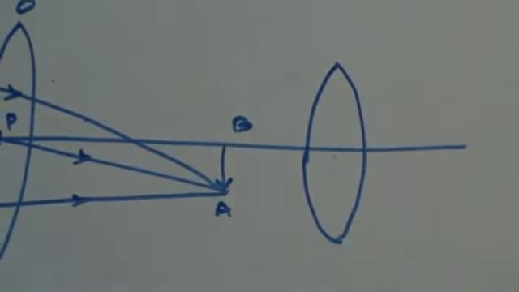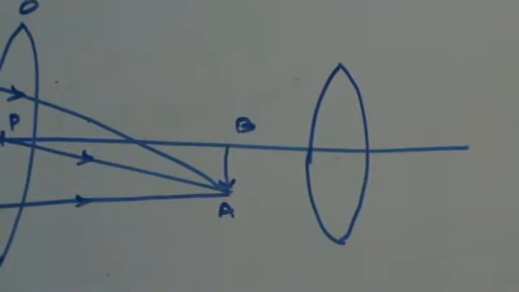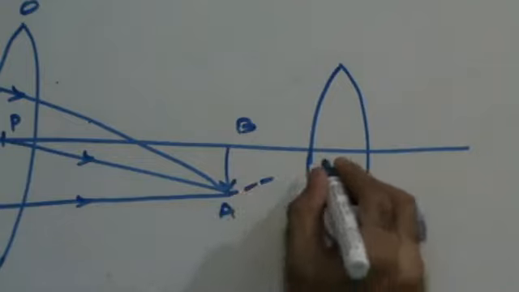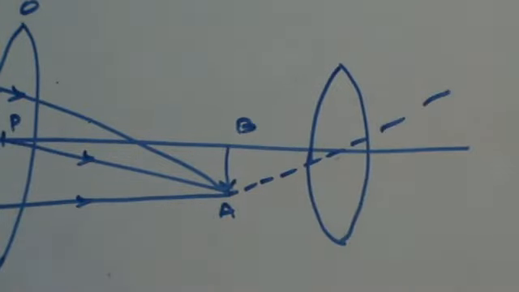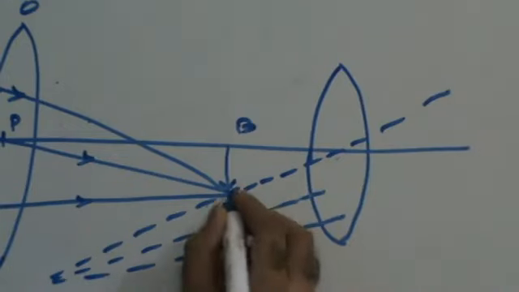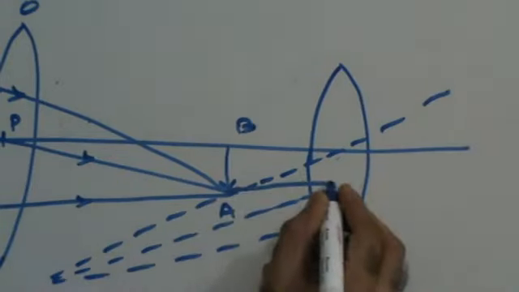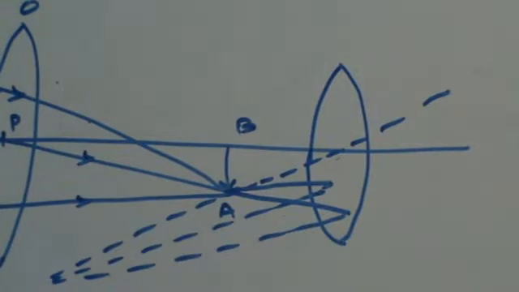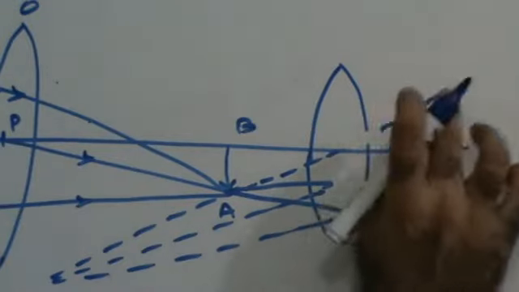I want the image to be formed at DDV, so one ray passes through the pole, and then you will have multiple rays coming out from here, one ray here, another ray here, and from this you would have the image coming out.